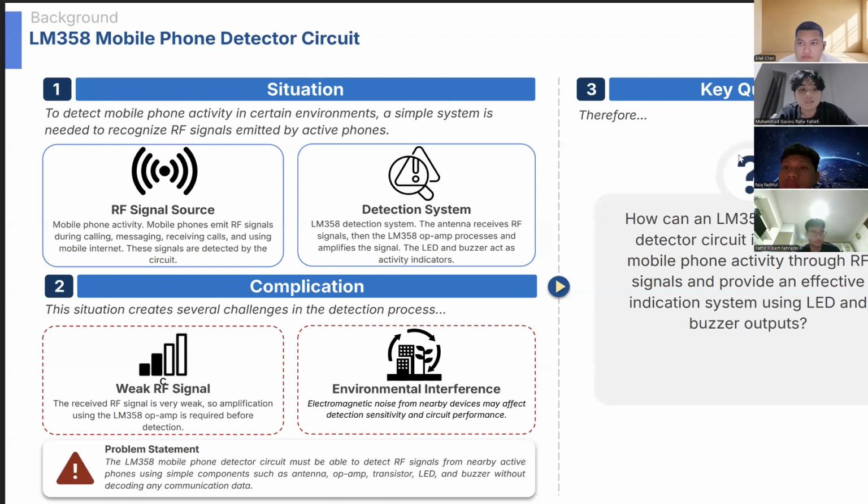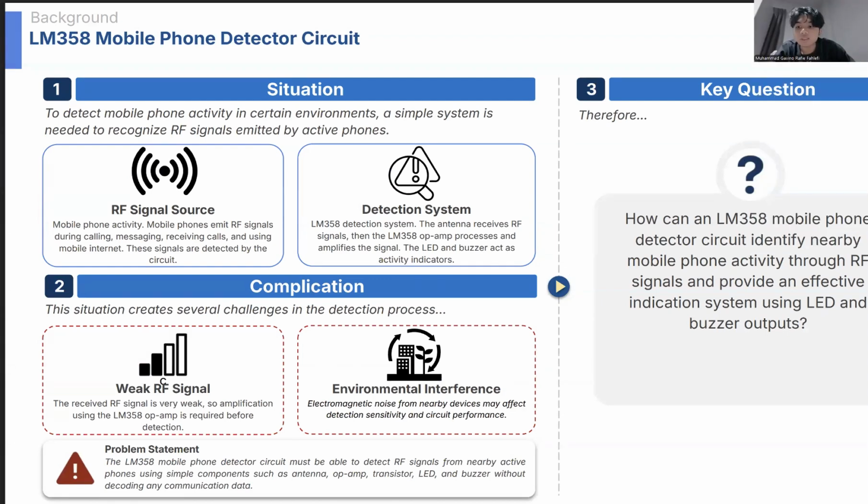Nowadays, mobile phones continuously emit RF or radio frequency signals during calling, texting, receiving calls, and using mobile data. So in this project, we try to create a simple detector circuit that can recognize those RF signals without decoding any communication data. The main challenge is that the RF signal received from the phone is very weak, so we need amplification and proper signal processing.